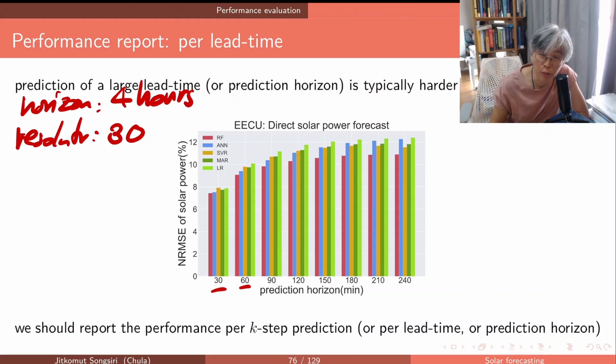So I'm going to forecast 4 hours ahead, and the resolution is 30 minutes.